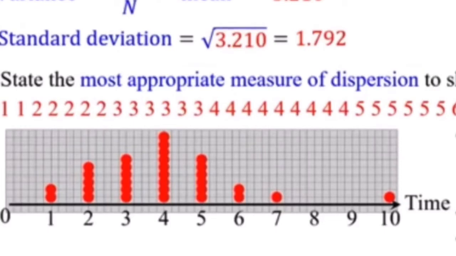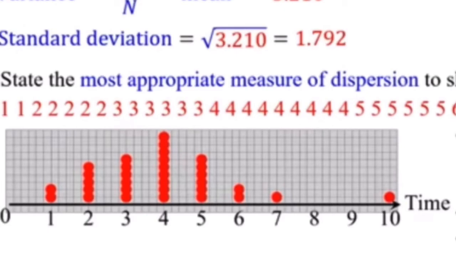As I said just now, the interquartile range is more meaningful as compared to the range, because it avoids giving a wrong picture when there is an extreme value in the set of data.